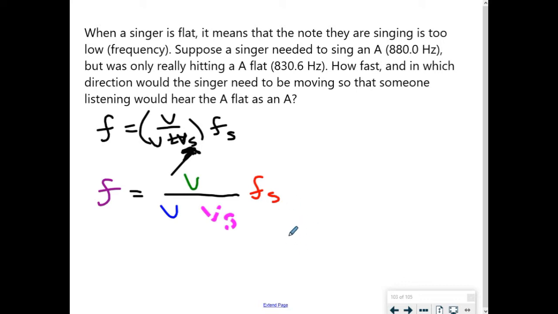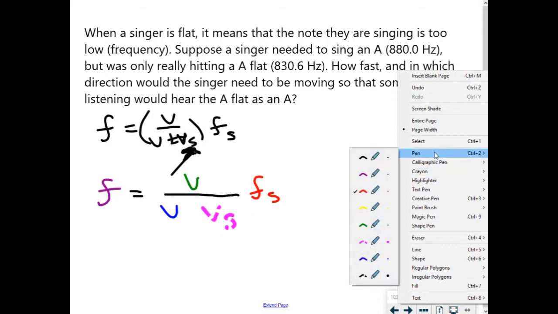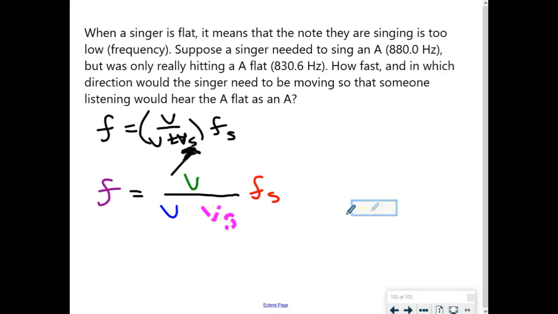So we need to algebraically manipulate this equation to solve for the pink Vs right here. I'm going to do one more thing. What sign should go between them, a plus or a minus sign? If we need to raise the pitch, we need to use a minus sign because it's the opposite. Okay, so there's a minus sign.